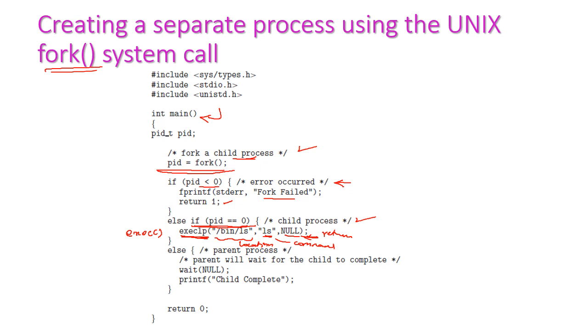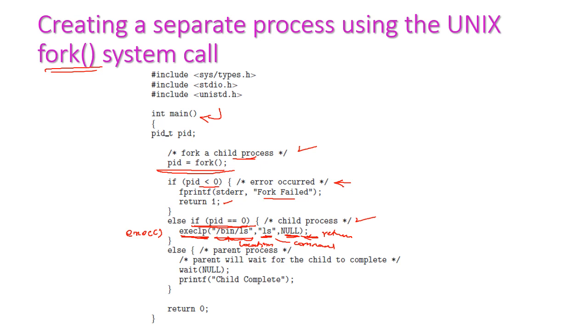So in the execlp command, we have 3 parameters. The first one is the location. All the commands are located in the bin directory, so /bin/ls, and ls is our command, and NULL is the return value. Okay, this will return nothing.